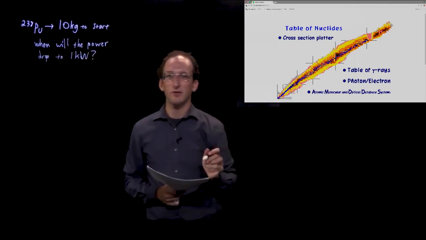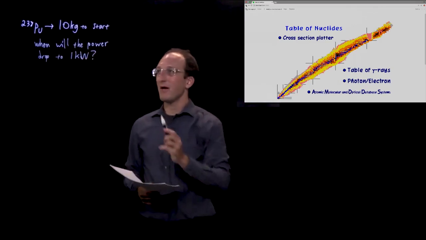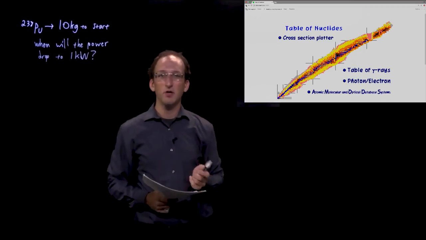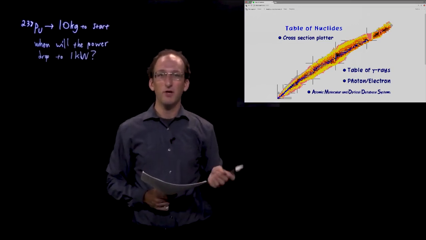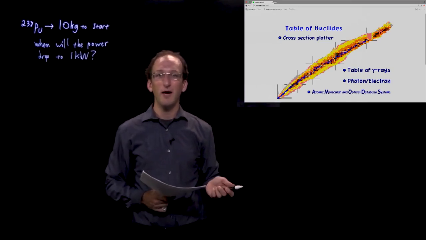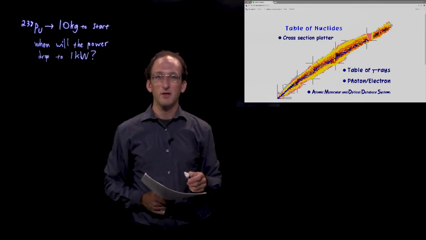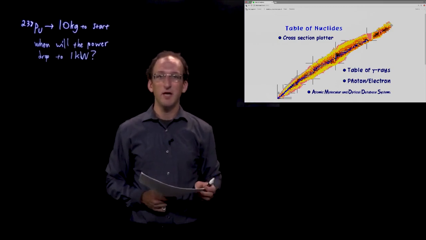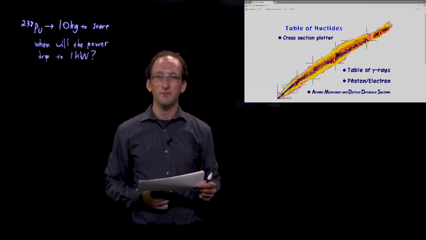So let's deconstruct this problem a bit. If we have 10 kilograms of plutonium-238, we can calculate its total radioactivity. And if we know the Q value from each of those reactions, we can calculate its total power as it begins. And in order to get that, we just need to look up the half-life and the decay constant of plutonium-238.